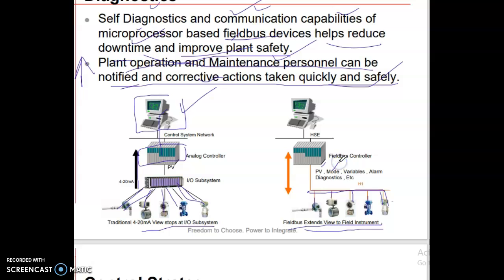PV, mode, variables, alarm, diagnosis, etc. Here, field-based control. Then high-speed Ethernet, then the system connected. After that.